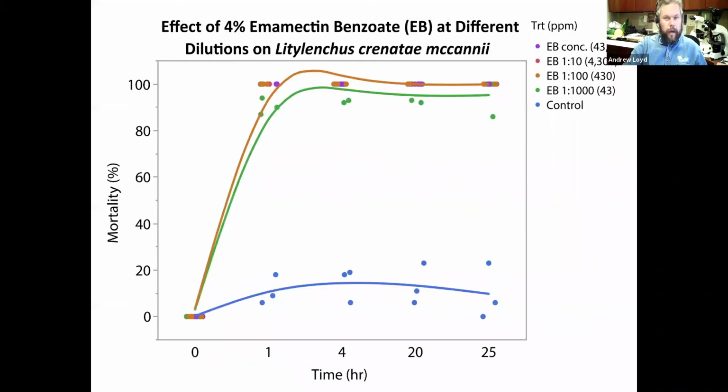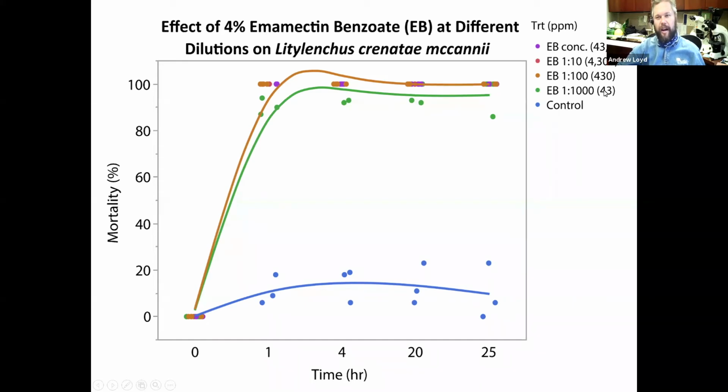So we started to look at this, and in the laboratory, we received samples and we extracted nematodes from them. Then I treated them with Triage, which is labeled as emamectin benzoate. G4 is a 4% product, and so it equates to about 43,000 parts per million of emamectin benzoate active ingredient.